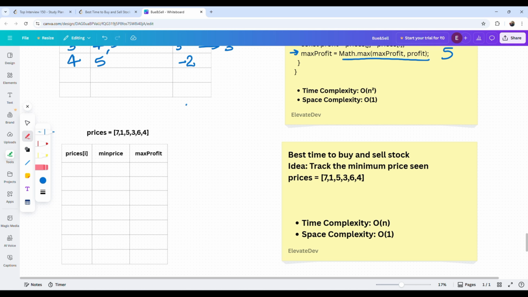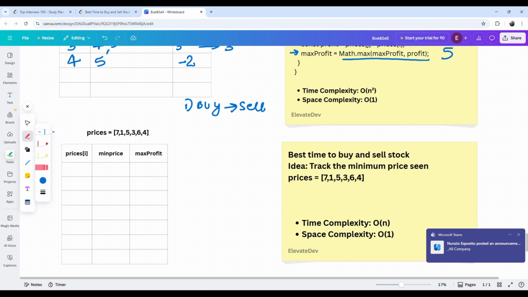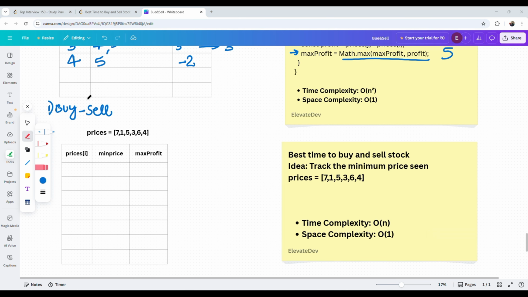First, you have to first buy and then sell. And the second thing is that you have to minimize the price and maximize the profit.